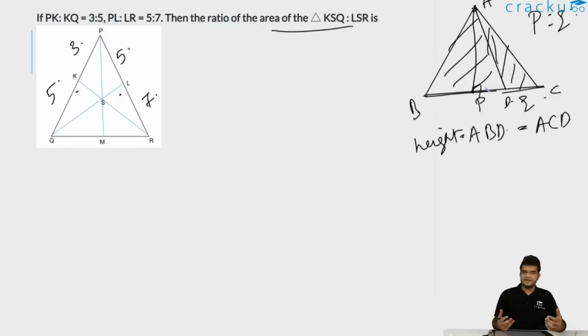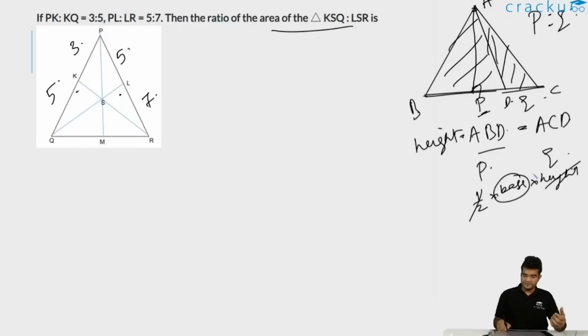The only thing that varies is the length of the base: in ABD it is P times some constant, and in ACD it is Q times another constant. Since area is half into base into height, and the height is the same, the areas will be in the ratio of their respective bases. That is the same concept we will be using here.